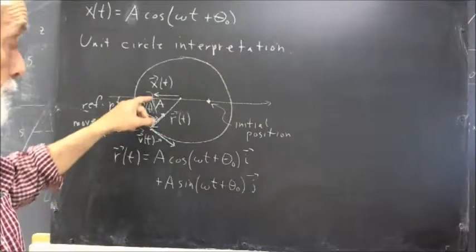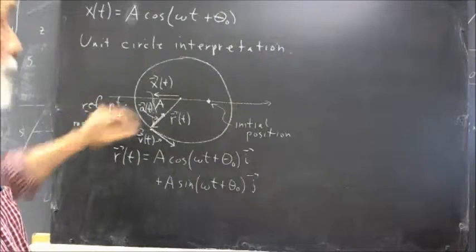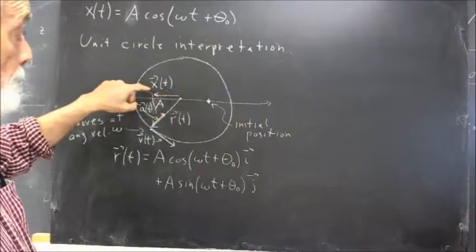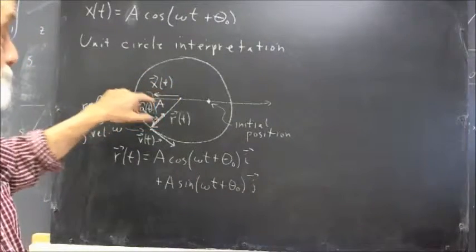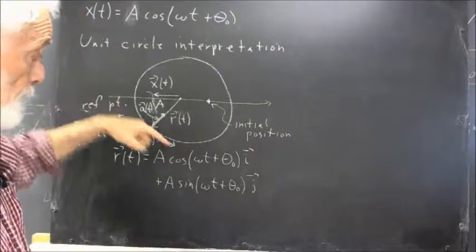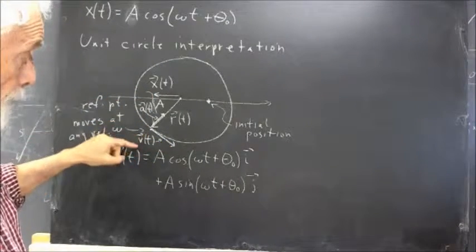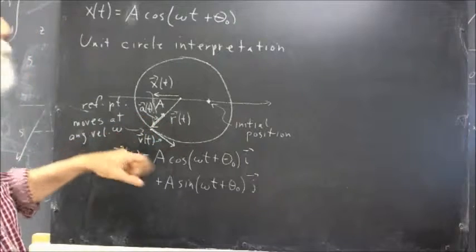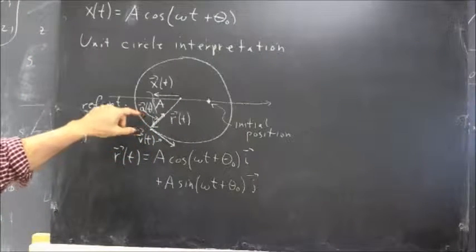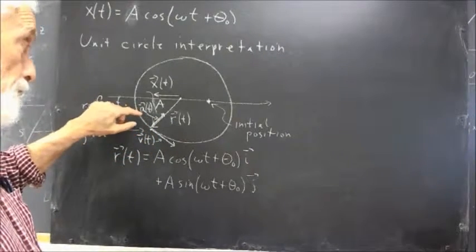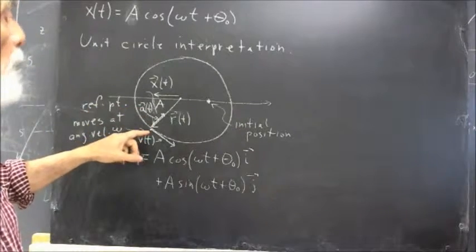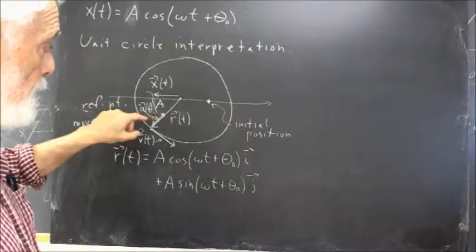The projection of the reference point is the point on the x-axis. That point is at position x of t here, has velocity, which would be v x of t, the x component of the v of t vector, and acceleration, we could say a sub x of t, the x component of the a of t vector.